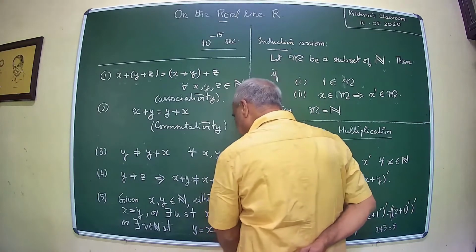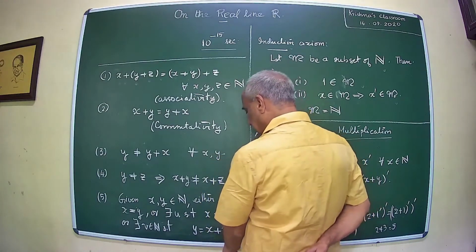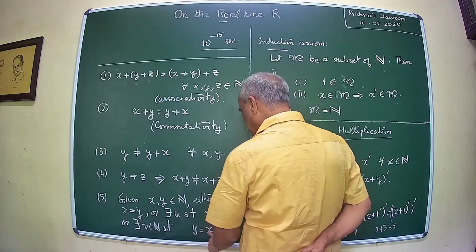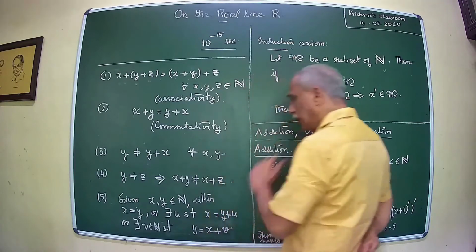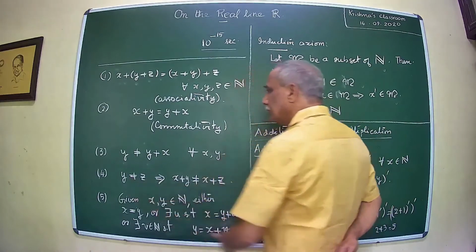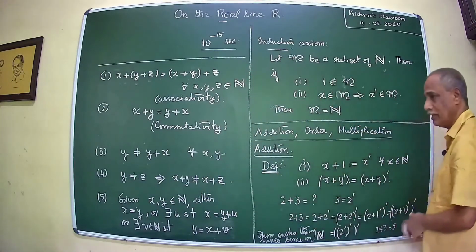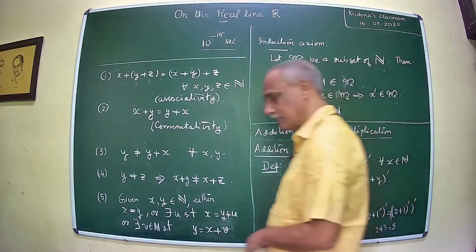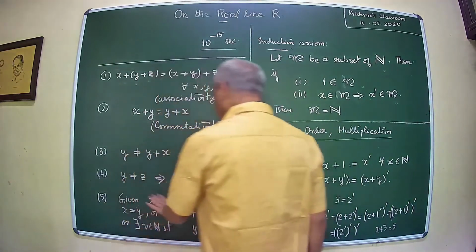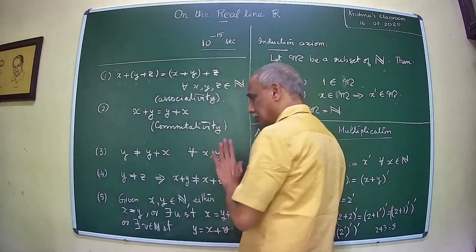That means there exists a V such that Y is equal to X plus V. Only one of the three will be true, not all three or any two of them simultaneously.